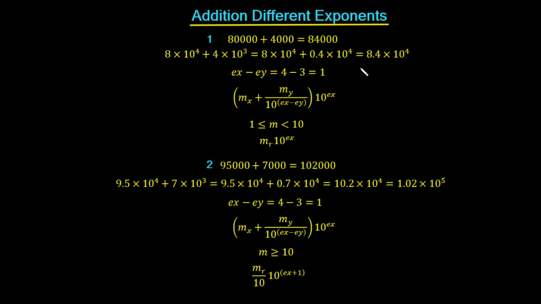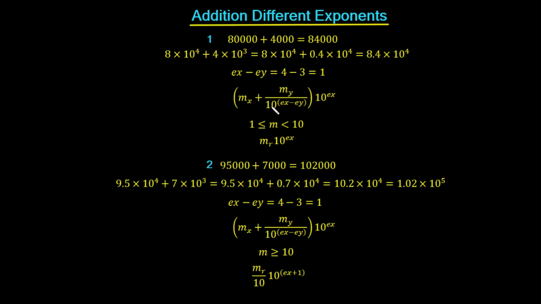Now if we were to write this down mathematically, what we would be saying is we're going to take the mantissa for x, which is the 8. And we're going to take the mantissa for y. So the mantissa for y again is the 4, but we're going to divide it by a factor of 10 to the power of ex minus ey.